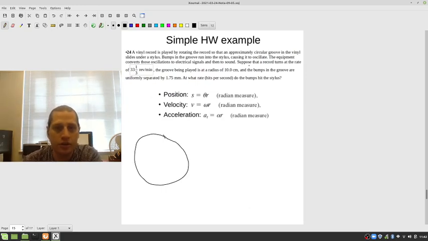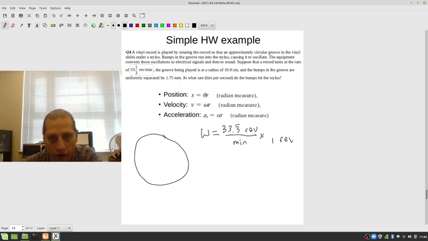Suppose that a record turns at a rate of 33 1/3 revolutions per minute. So the angular speed is 33.3 revs per minute, and then 1 rev is 2 pi radians.